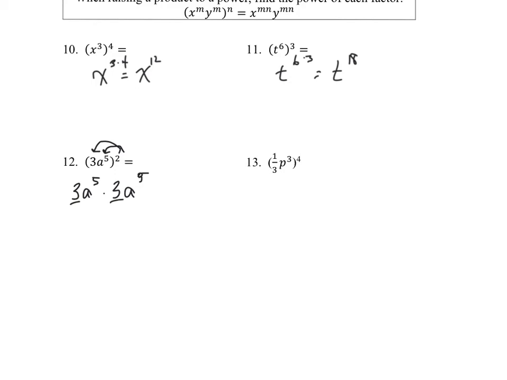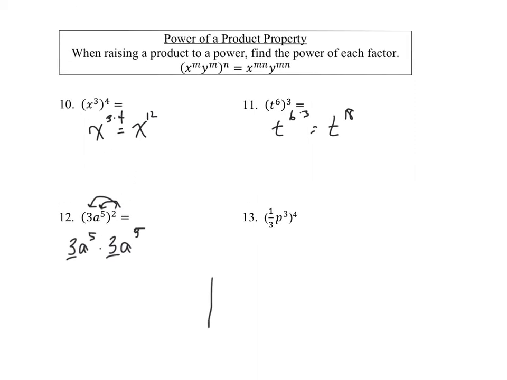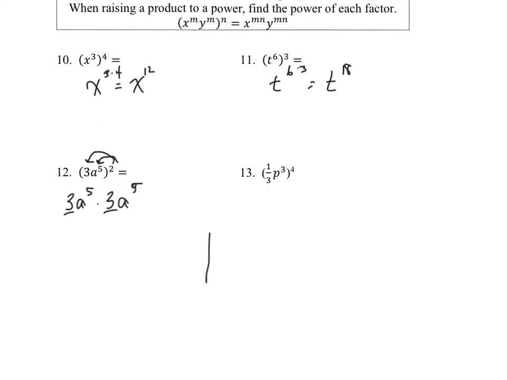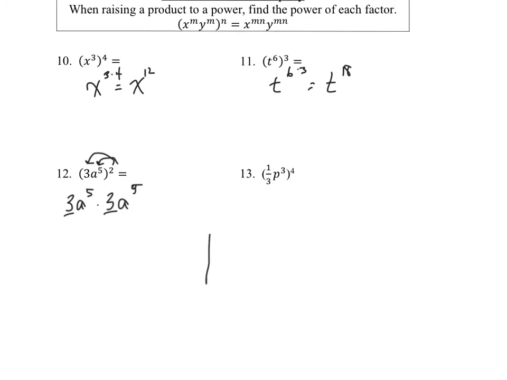So when you use, I always forget its name, the power of a product property, you can just distribute that value. So here you have 3 squared, because it's 3 to the second, times a to the 5 times 2, which is going to be 9a to the 10th. And you can see that right here.